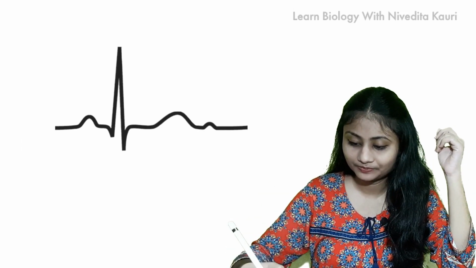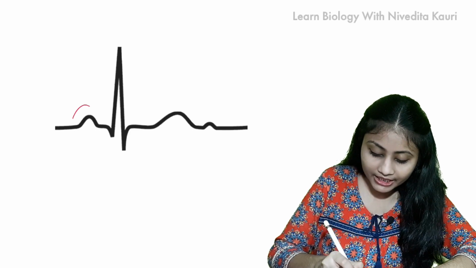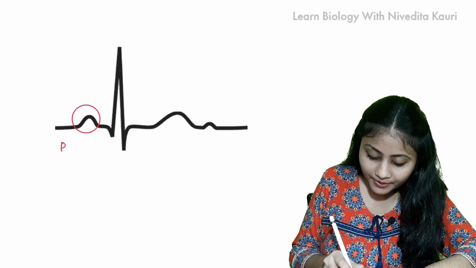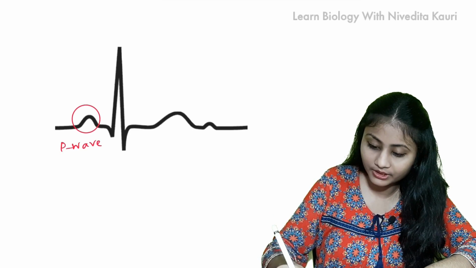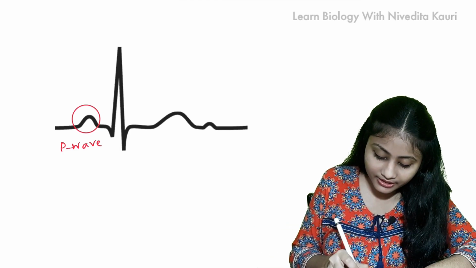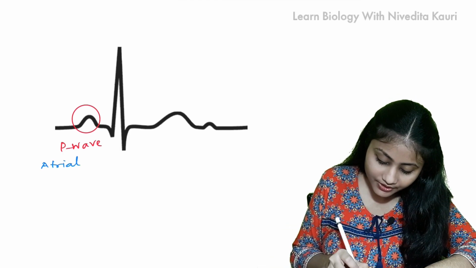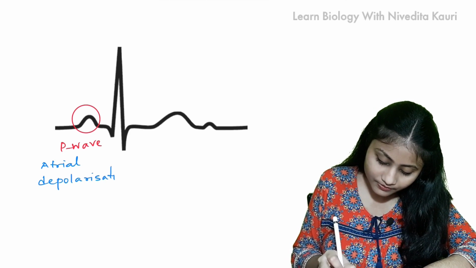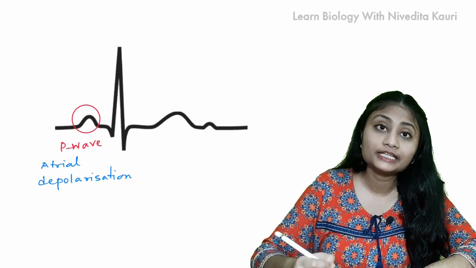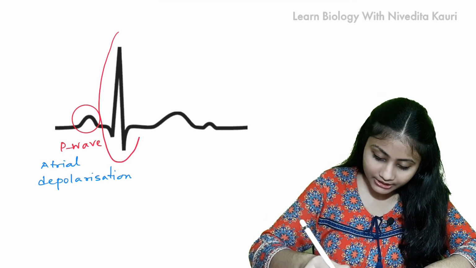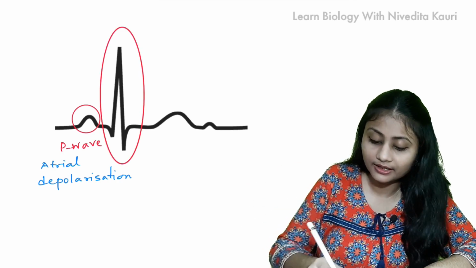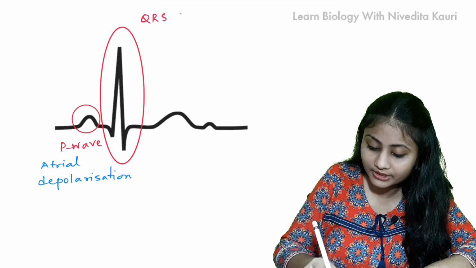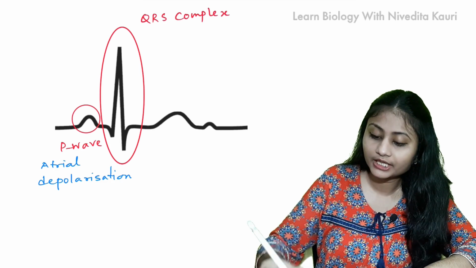Let's see how a typical ECG looks like. It looks like this one. This is the P wave. It represents atrial depolarization. Then this is the QRS complex.